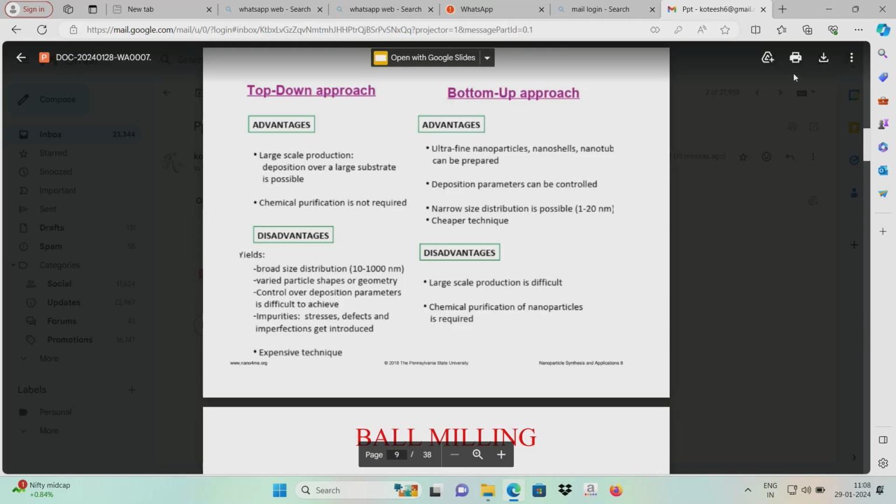In the bottom-up approach, large production is very difficult, and chemical purification of nanoparticles is much required. But we cannot do the chemical purification in the bottom-up approach, because when we mix with some molecules, there may be impurities present that can change the base component itself.